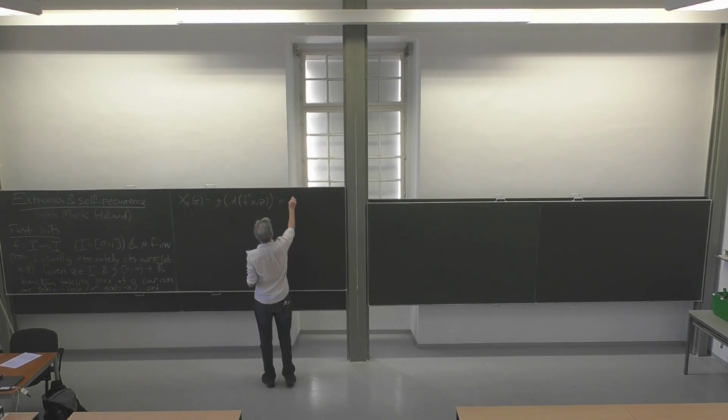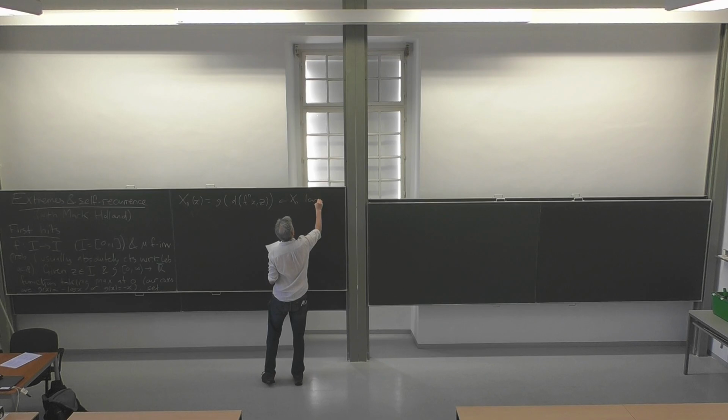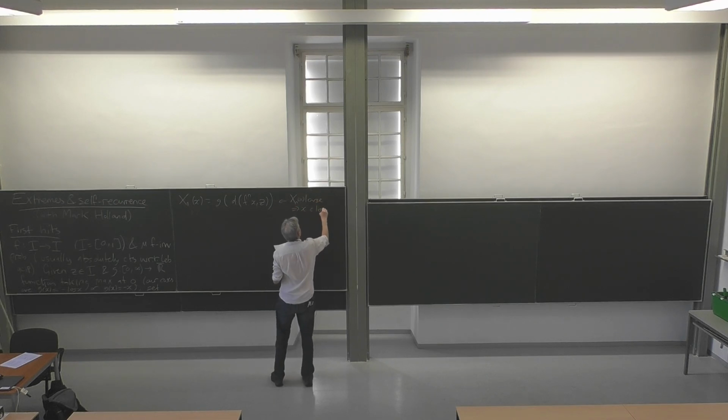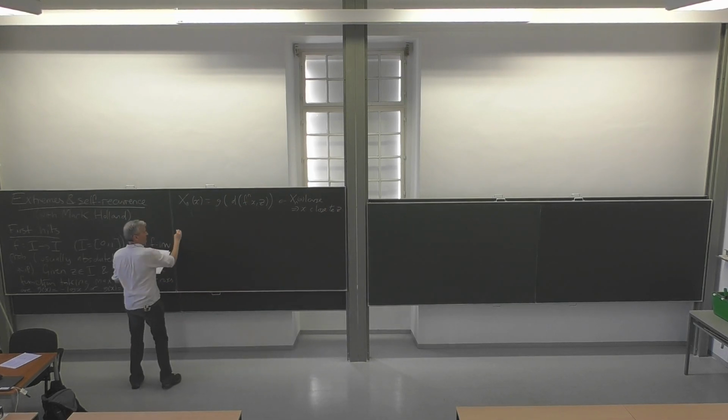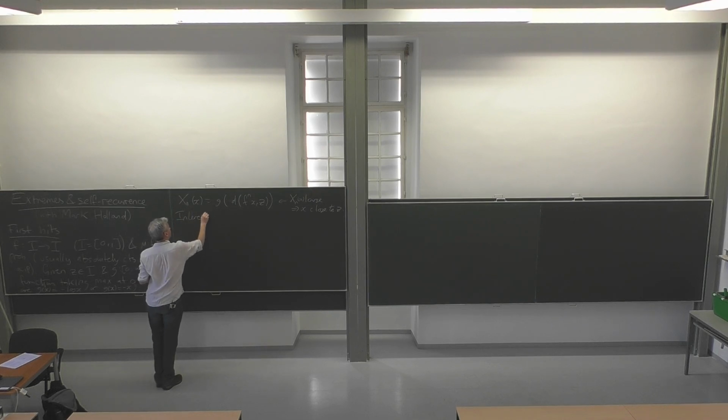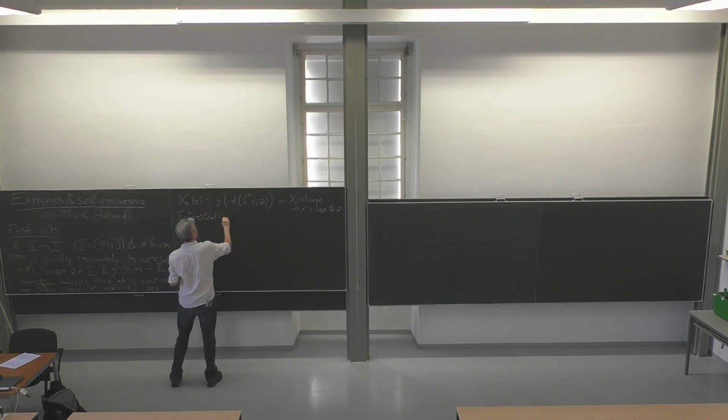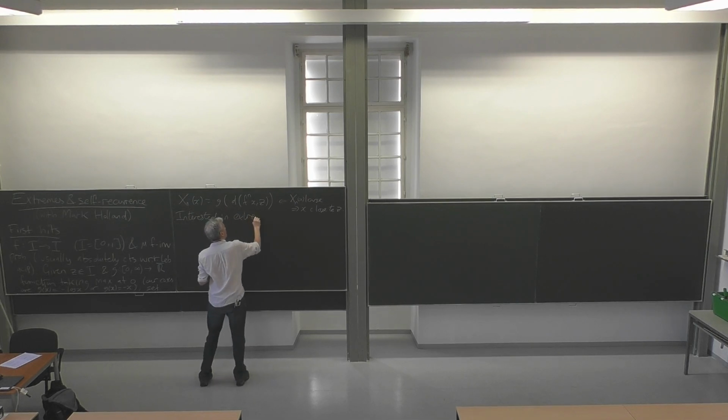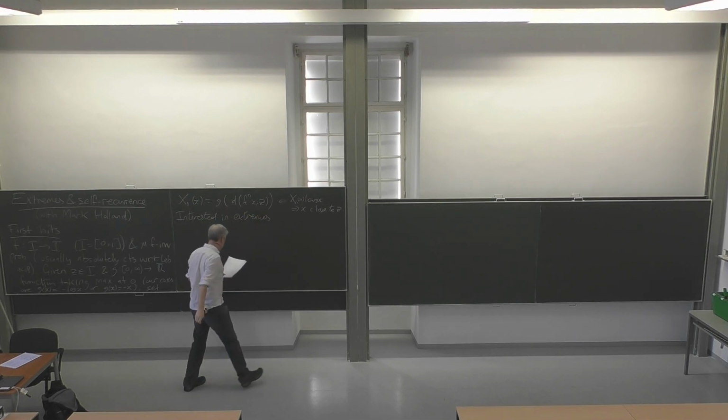Just say that, so X_n large, x close to z. Okay, so we're interested in extremes. These are our rare events.